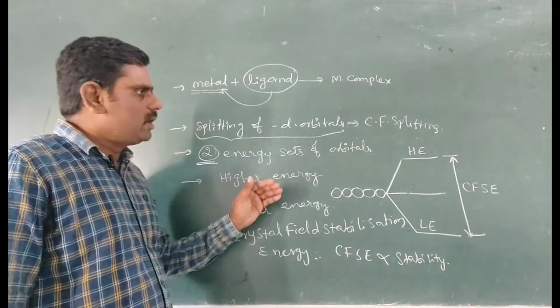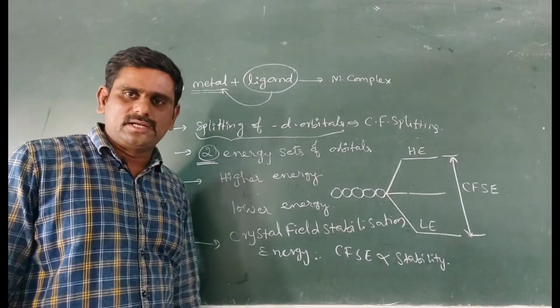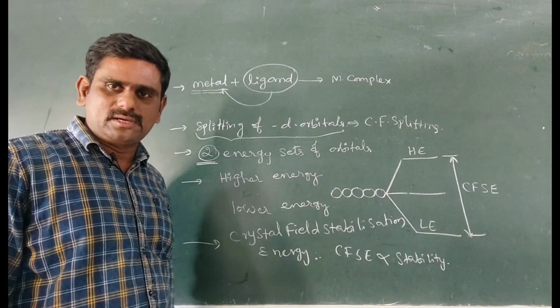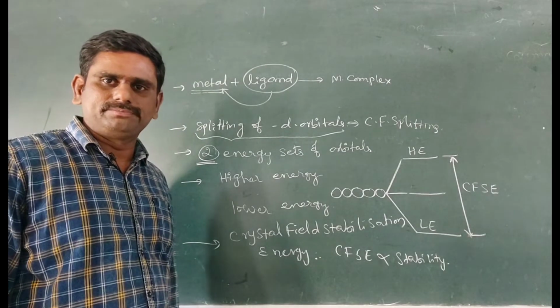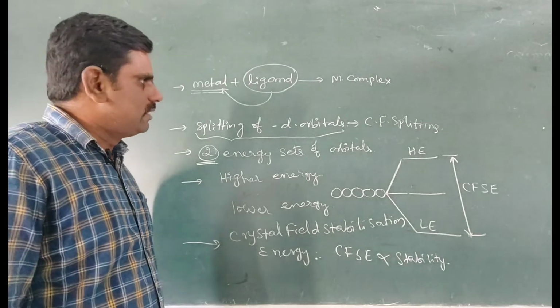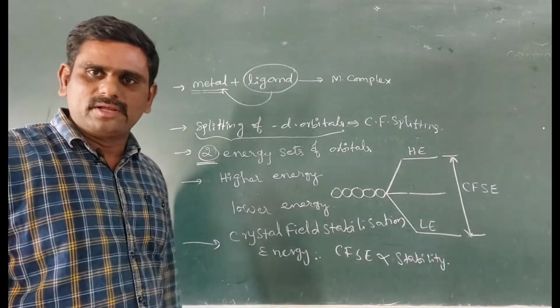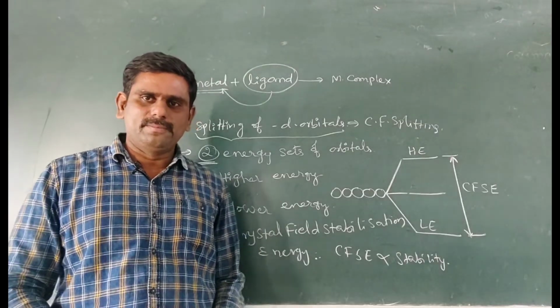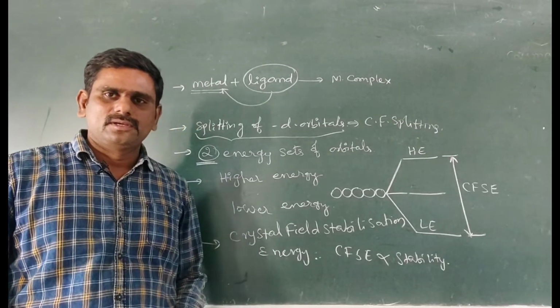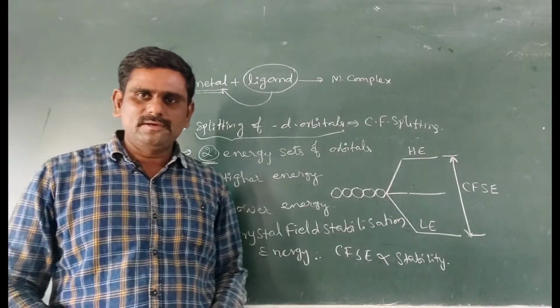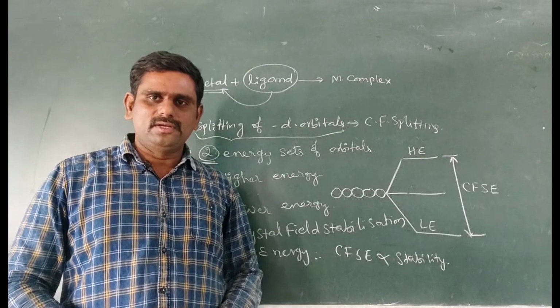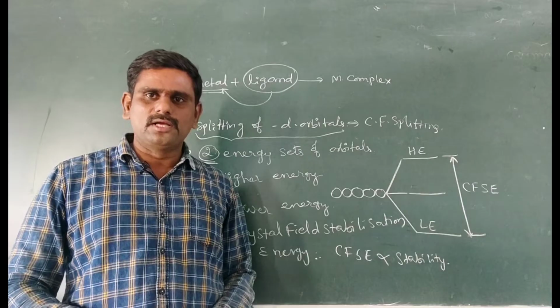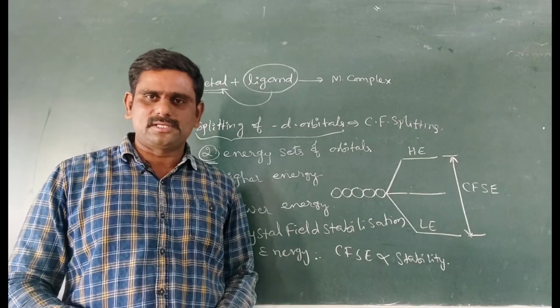So we will see how the splitting takes place in octahedral and tetrahedral geometry of complexes. I will explain this briefly. Crystal field theory was proposed by Bethe and Van Vleck. According to crystal field theory, the interaction between metal and ligand is purely electrostatic or 100% ionic.